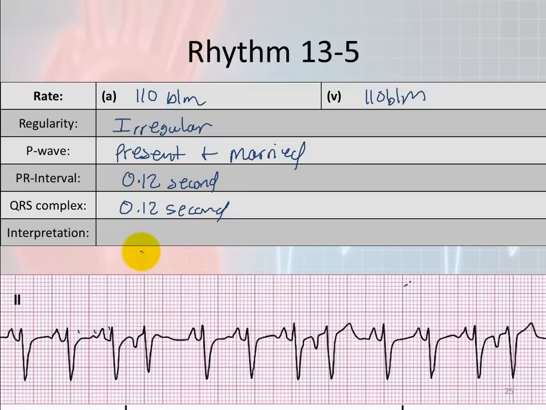The interpretation, remember, underlying rhythm first. The underlying rhythm is a sinus tach, but we do have an irregularity here that we have to identify. So we can see a PAC right here, a PAC right here, and a PAC right here because the P waves are different than every other P wave in there. And what's interesting about this also is that the QRS and T waves are all the same.